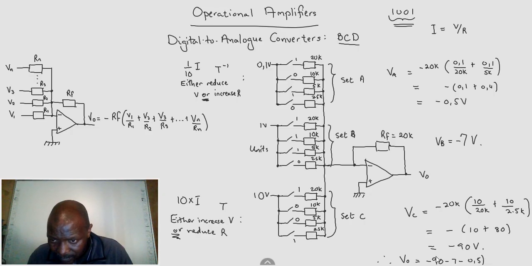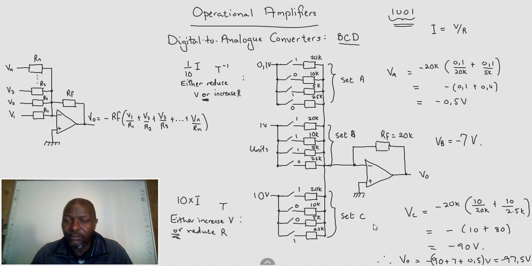So together, therefore, V out in total equals minus 90 minus 7 minus 0.5, which together is 97.5 volts. It's negative because of the inverter. Now let's see, what do we have? We have 1, 0, 0, 1, 0, 1, 1, 1, and comma 0, 1, 0, 1.